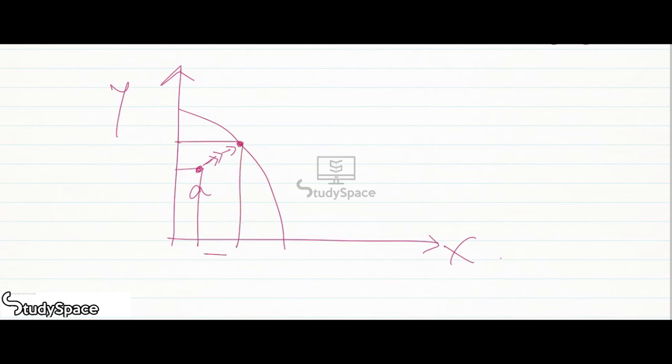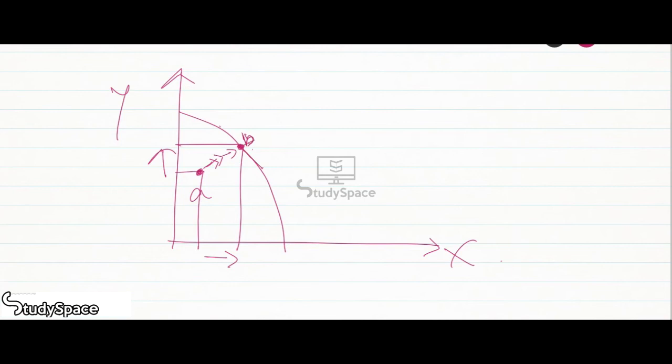The increase in production of X and the increase in production of Y happen simultaneously because he was inside the boundary and was not efficiently using all his resources. So if he increases his efficiency, he will move to the point B on his production possibility curve.